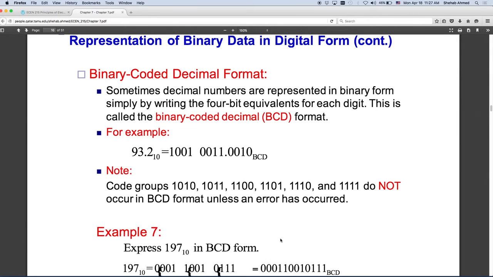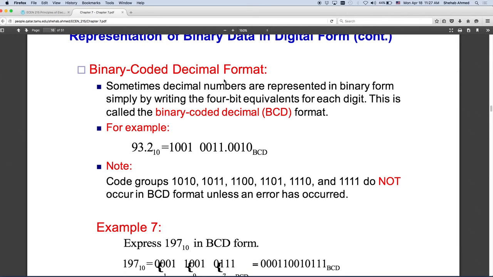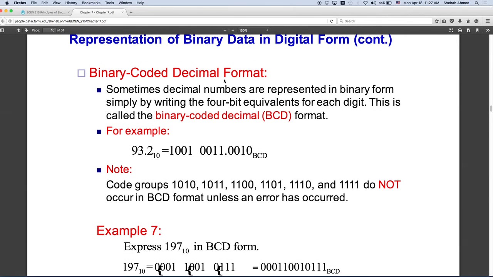That's one way of representing numbers; if you agree that this is how you represent numbers, you will know how to work with it. Okay? There's another way of representing numbers. It's called binary coded decimal. And each one of these ways may have advantages in certain operations. Right? So that's why we study them generally, and then there will be advantages that we will realize in some of these formats.